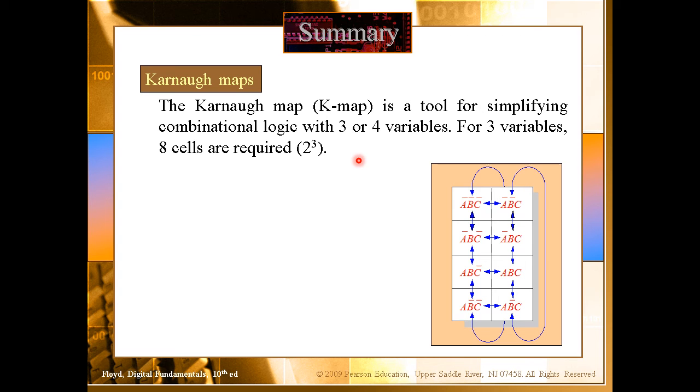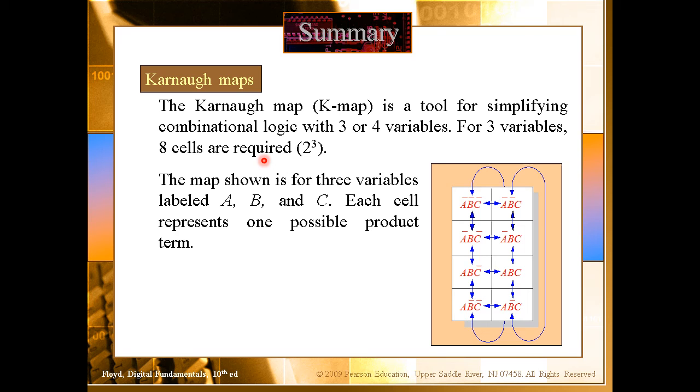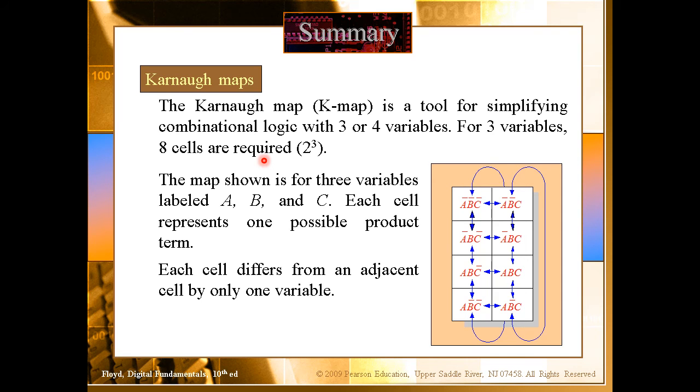It's 2 to the power 3. If we have 4 variables, we draw a table which is 2 to the power 4, meaning 16 cells. Okay, 4 by 4. So we will learn how to draw that, how to put the expression in, and then how to find the simplifications for sure.